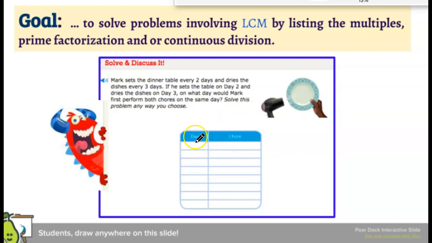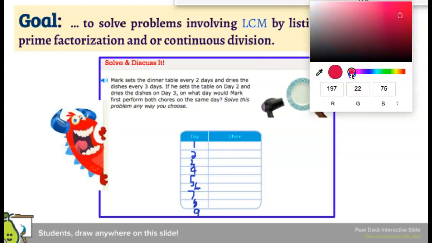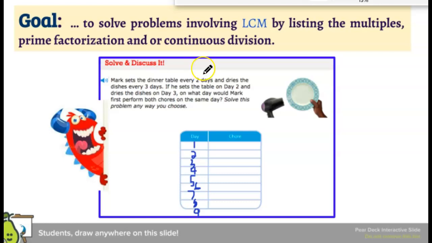Of course, we start with day 1, 2, 3, 4, 5, 6, 7, 8, 9. And we know that every second day he's setting the table. So on day 2 he sets, on day 4 he sets, on day 6 he sets, on day 8 he sets the table.